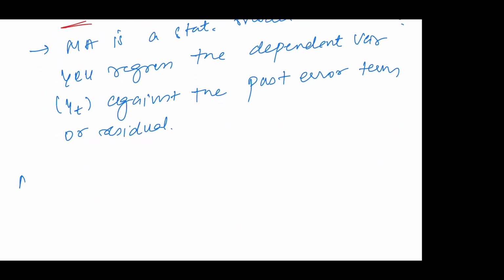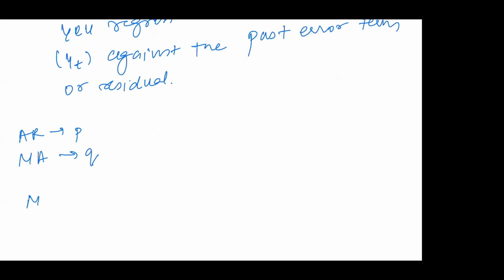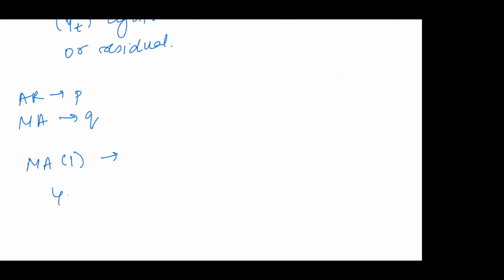So here, if you remember, AR was denoted by P, right? MA will be denoted by Q. So when I write MA1, how can I write this mathematically? yt is equal to, because this is always the dependent variable, right? C plus theta 1 et minus 1, right? et minus 1 is the error term.